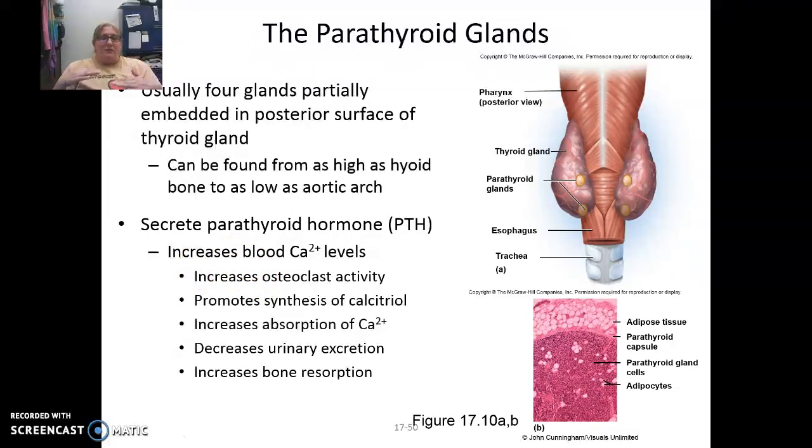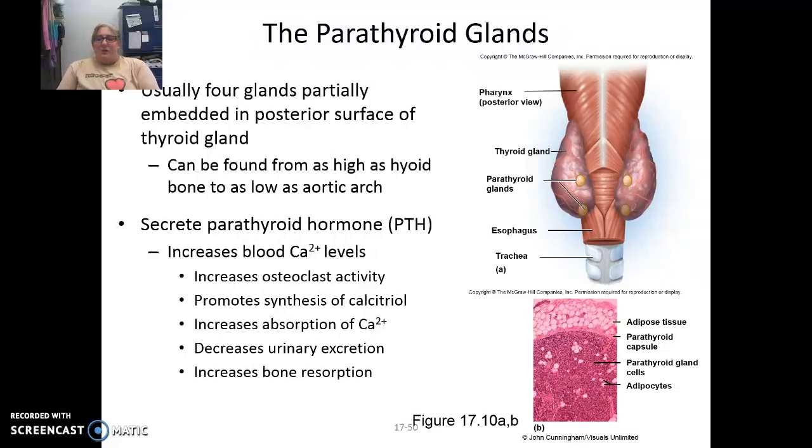If we have too low of blood calcium, then parathyroid hormone gets activated and is released and causes bone cells to break down. So it activates osteoclasts, or bone breaking cells, the bone macrophages, to break down bone, releasing calcium into our system.